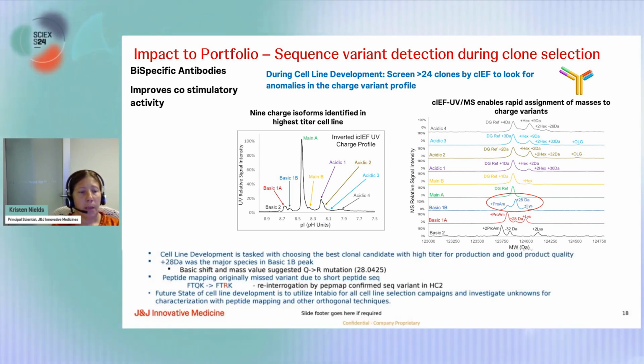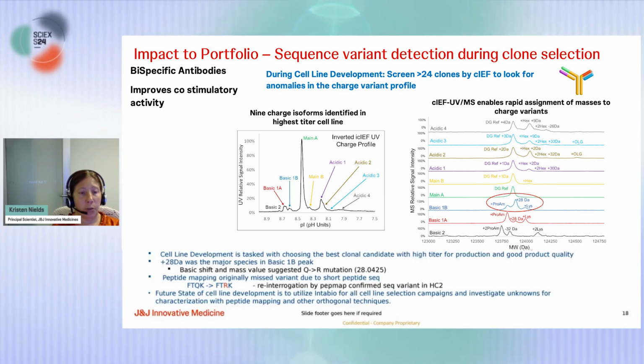It was stated that we were still going to investigate it after cell line selection and after we picked the clone. And then a few months afterwards, after doing many other things to try to figure out what that plus 29 was in the basic area, we saw that it was an actual genetic mutation of a Q to R. So it was a plus 29 shift and a basic shift, because you're moving that PI down to a PI of 10.